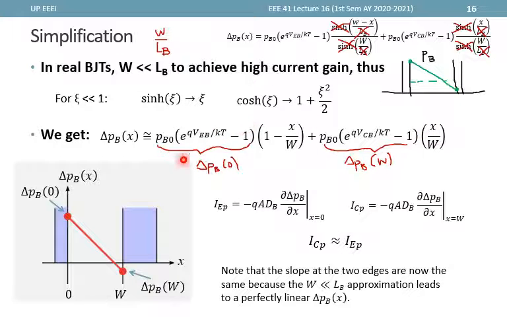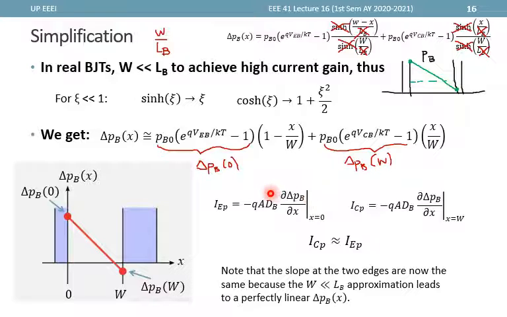So we end up with just this term. Evaluated at W, this is 1 minus W over W, so this is 0. And W over W is 1, so we end up with this one. And as shown here, it is linear. And the slope is actually negative, this plus this all over W.